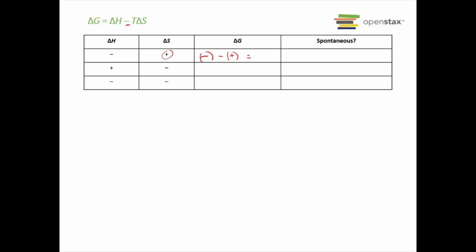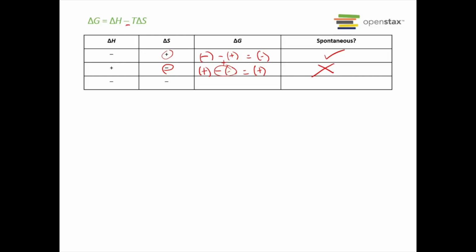That means we get overall a negative sign for delta G, and this is spontaneous. Let's say we have a positive delta H now, and we have a negative delta S. That means we have positive minus a negative. And when you have minus negative, that makes that positive. So that gives us an overall positive sign. So this is not spontaneous.